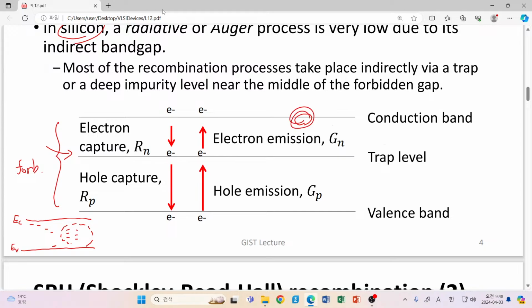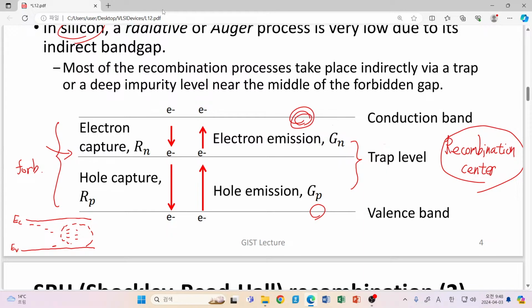And if it is too close to the valence band, it is just interacting only with the valence band. The one which is actually being used as the so-called recombination center is always in the energy range in between.